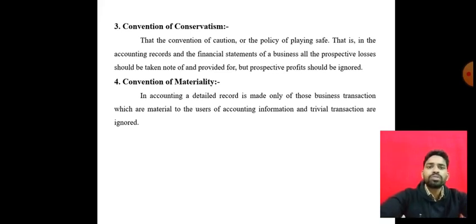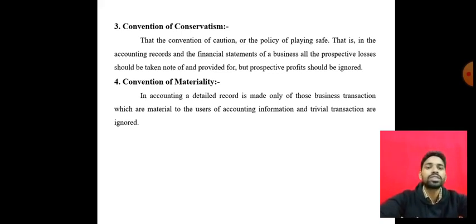So all anticipated losses should be recorded in the books of account, but anticipated incomes or revenue are not recorded. It is indicated by the convention of conservatism.